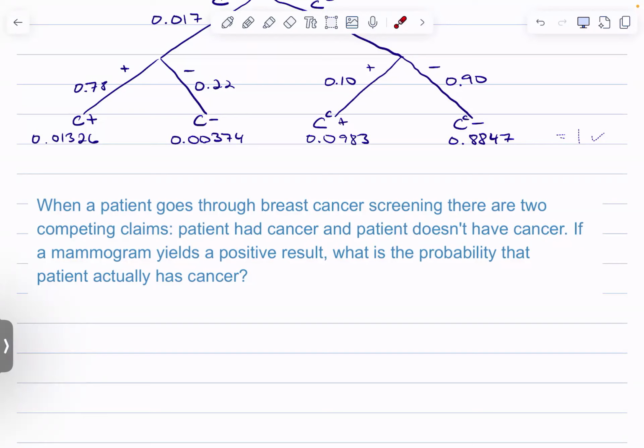Okay, when a patient goes through breast cancer screening, there are two competing claims. Either the patient has cancer or the patient doesn't have cancer, as we established. If a mammogram yields a positive result, what's the probability that the patient actually has cancer? Here, you want to rephrase this in terms of a conditional probability. Knowing that you get a positive result, what's the probability that they actually have cancer?